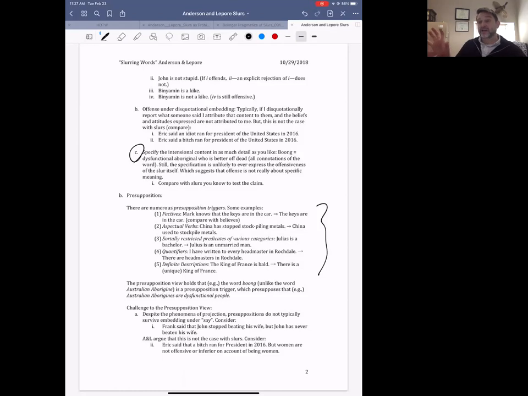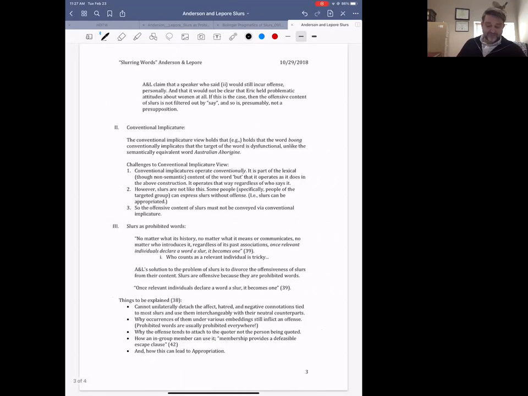But even though I'm denying that thing, it's still offensive for me to use this word embedded under the say statement. At least that's what Anderson and Lepore think. We can talk about whether that's the case or not, but if that is accurate, it's some reason to think that the offensive content of a slur is not a presupposition. So that gives us some reason to reject the presupposition view.